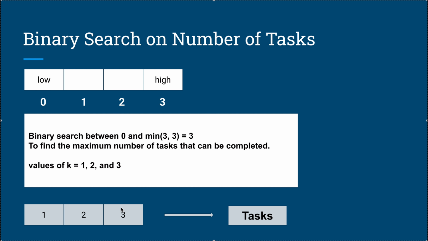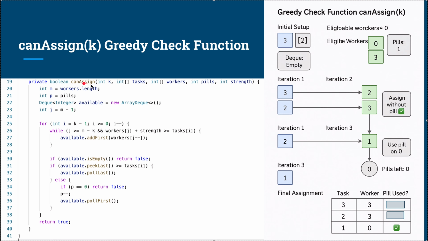So we do binary search to find the largest k tasks that we can assign, and this k is 3. We'll pass 3 to canAssign and find out how many tasks we can assign. The number of tasks is 3, and the question is whether we can assign 3 to the workers.